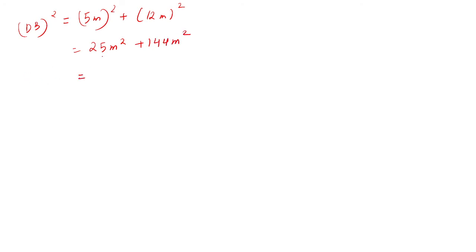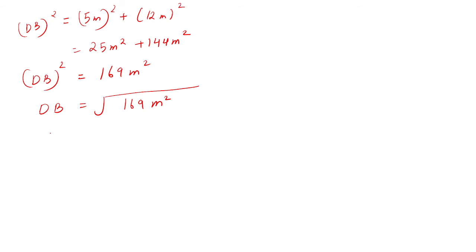When you add them up, you'll get 169 meters square. That means this is DB square. So you have to find DB, so take the square root of 169 meters square. So DB becomes 13 meters, so you can cancel out the square, therefore DB is equivalent to 13 meter.